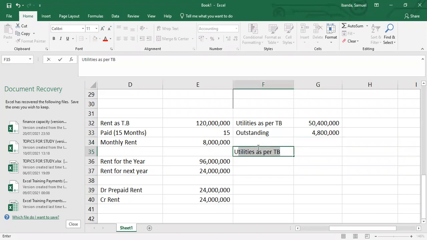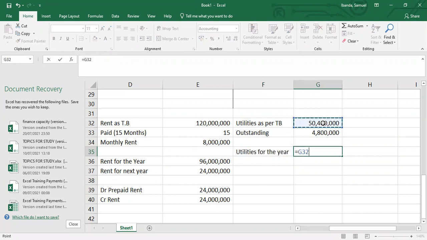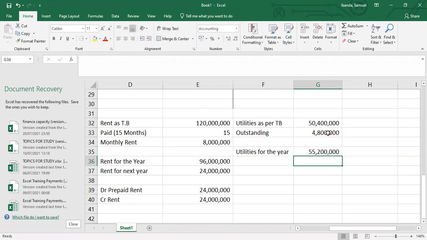So utilities for the year will be this value plus what is outstanding. Remember, we do the accrual concept. When you're recording and you're preparing your financial statements, you don't include only expenses that were paid. You include both expenses that were paid and also expenses that were unpaid, as long as the expense relates to that financial year.